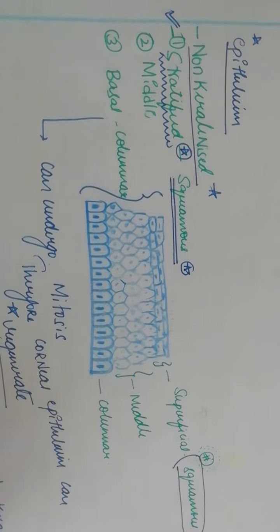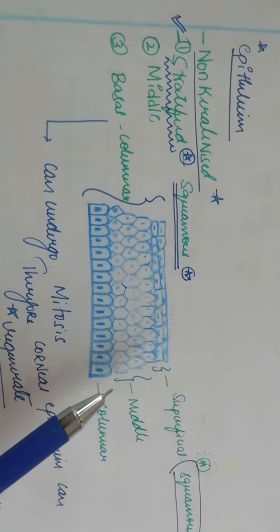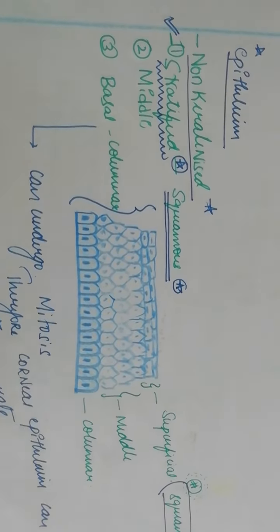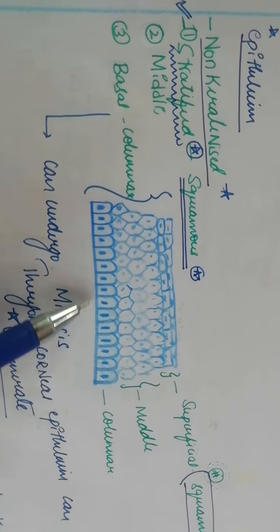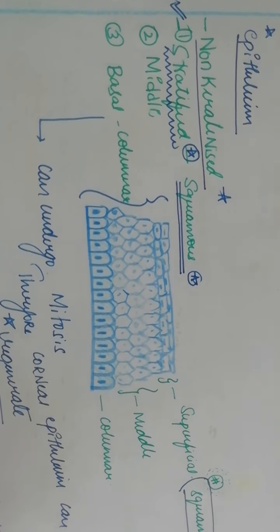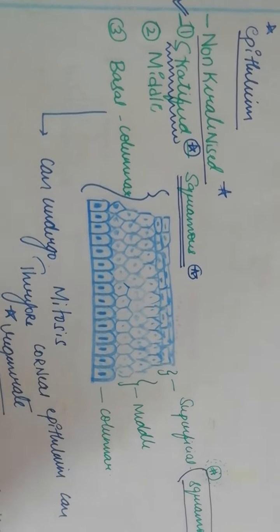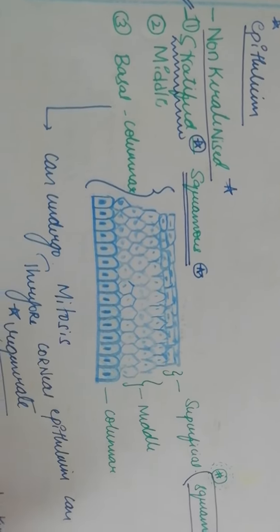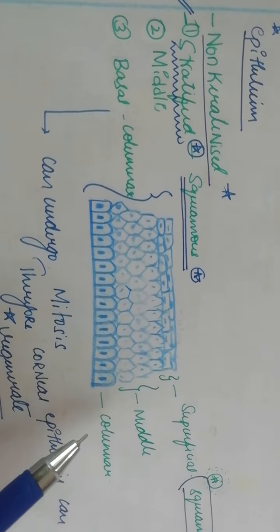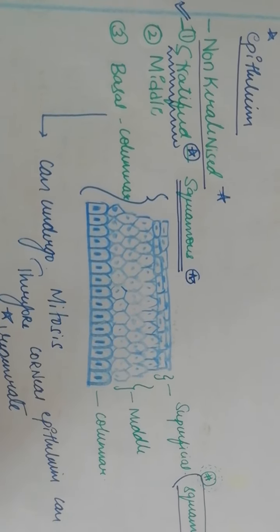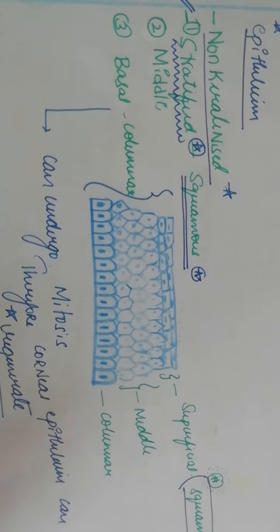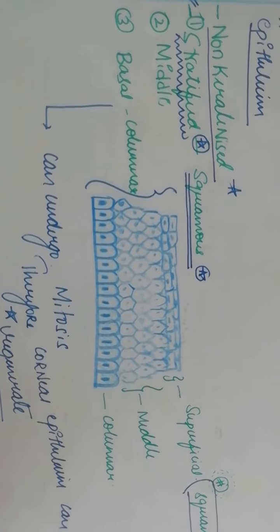Then there is the middle layer, and the next layer is the basal layer. This basal layer is columnar. That's the first thing we need to understand. This is a columnar epithelium.